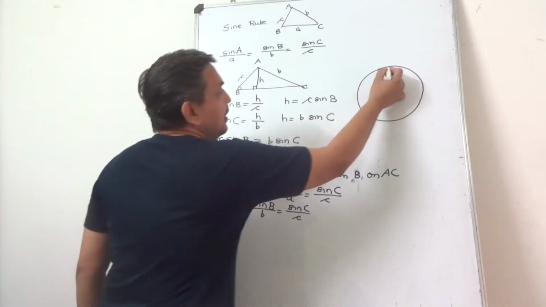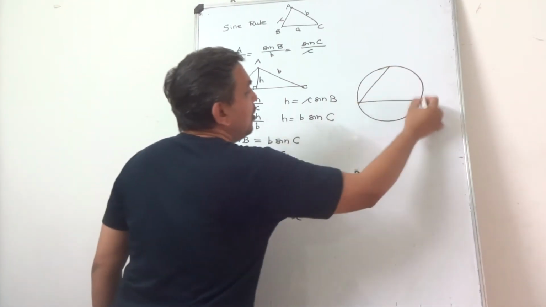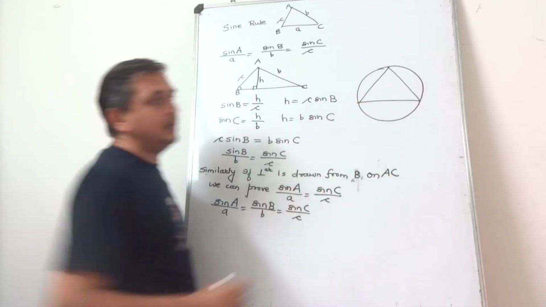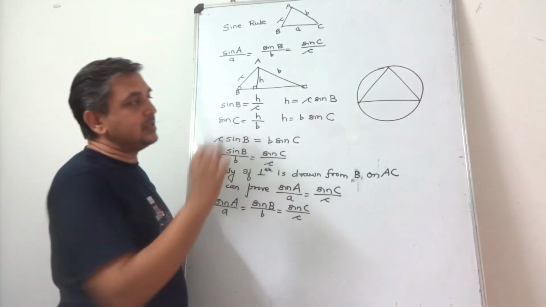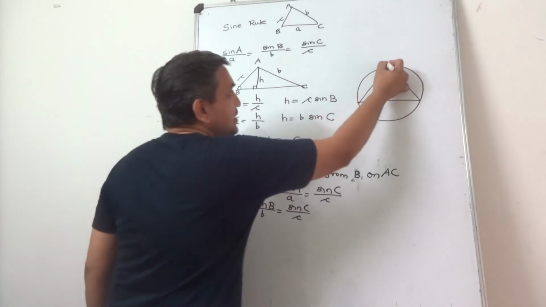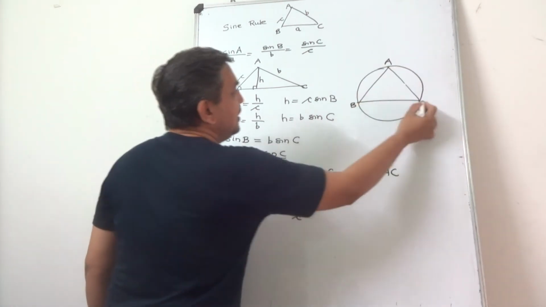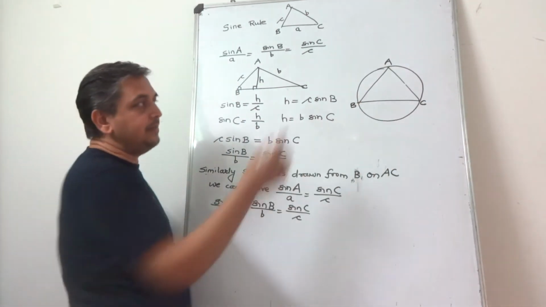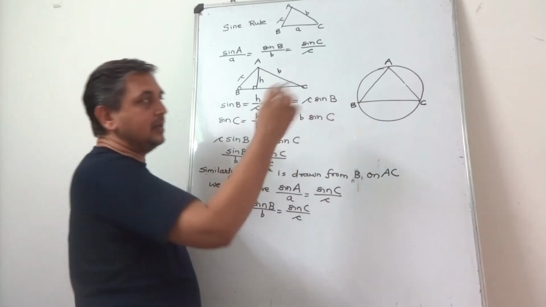If we draw a circumcircle, then the radius of this circle is called the circumradius. So let us suppose again that this is triangle ABC, this is the circumcircle.